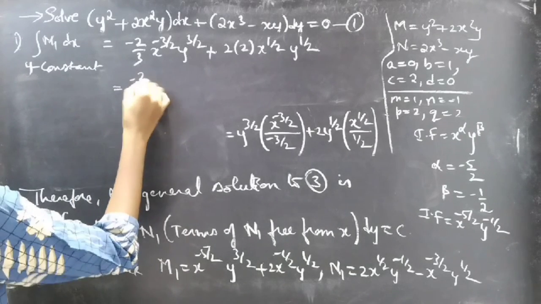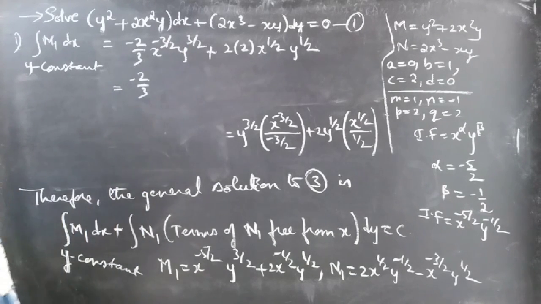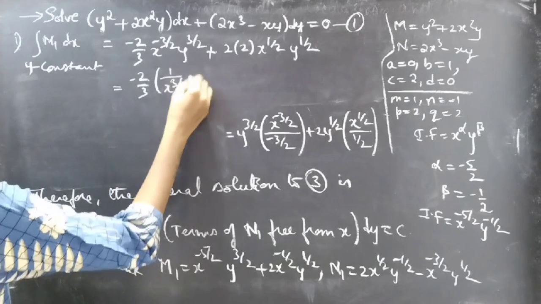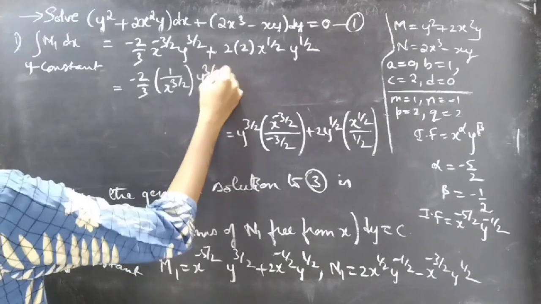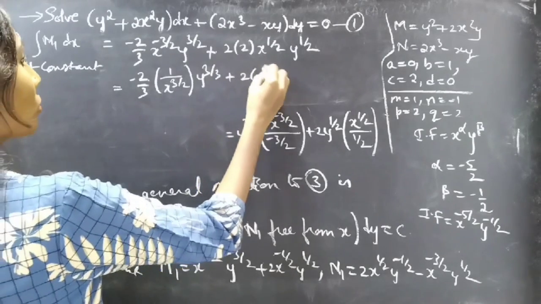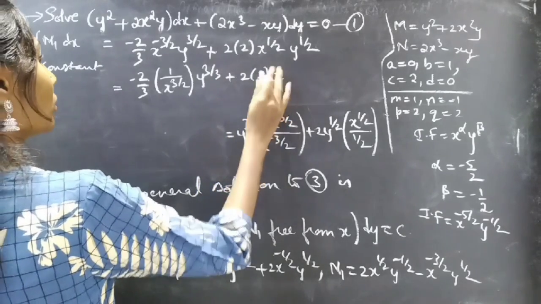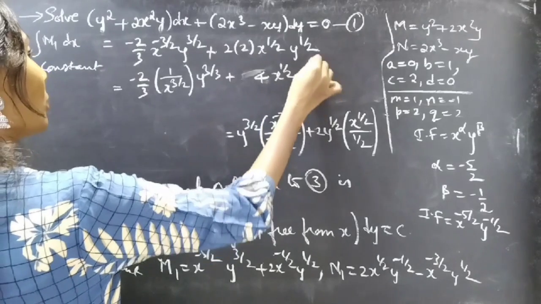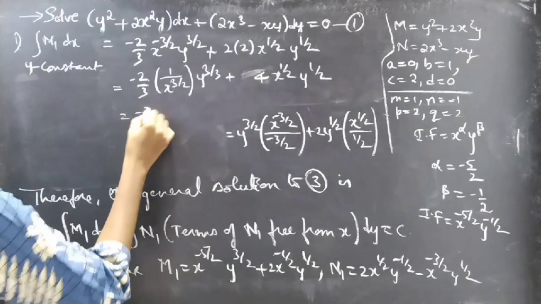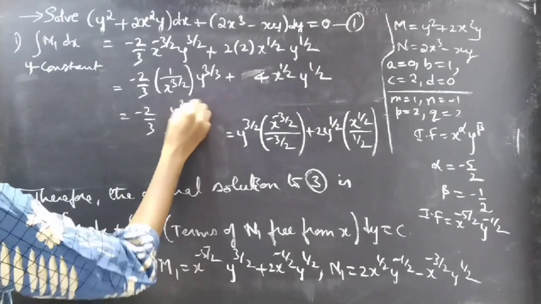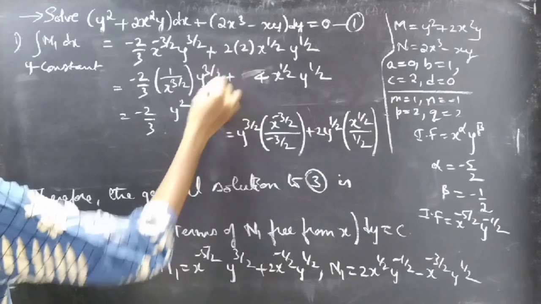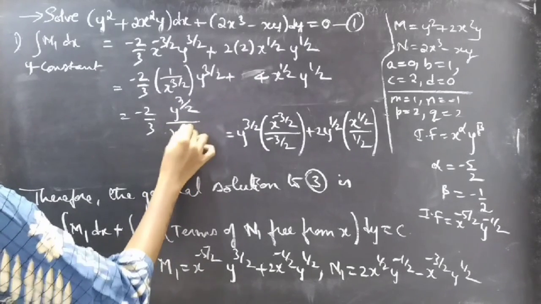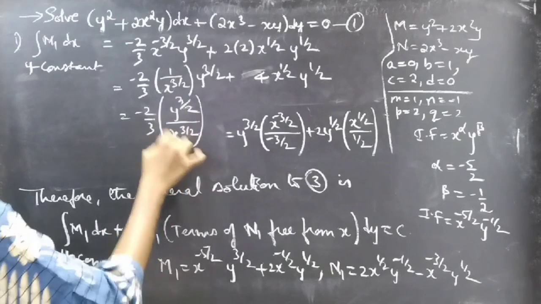Now we can write x power minus 3 by 2 as 1 by x power 3 by 2 into y power 3 by 2 plus 2 into 2, which is 4 x power 1 by 2 y power 1 by 2, which gives us minus 2 by 3 into y power 3 by 2 by x power 3 by 2.